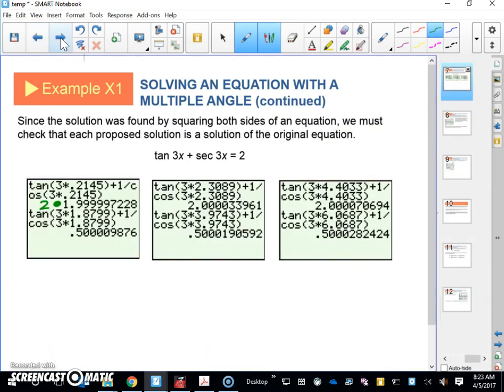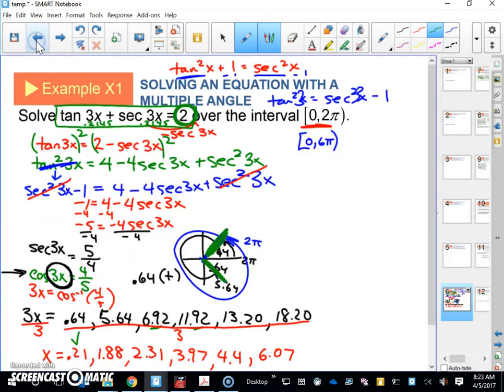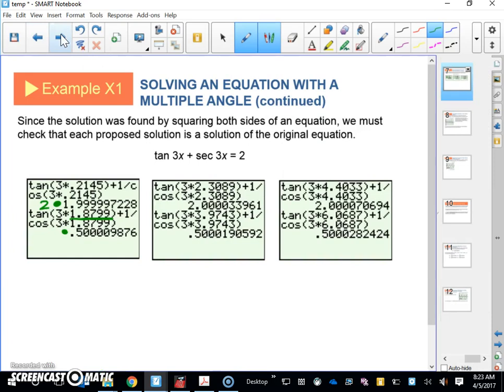Okay? But if you look, when they plugged in, the next one was 1.8799. They got 0.5, and 0.5 isn't going to work. Okay? So that means, oops, that this number right here is extraneous. This one doesn't work. Okay? When you plug in those numbers, anytime you get 2, that one worked.